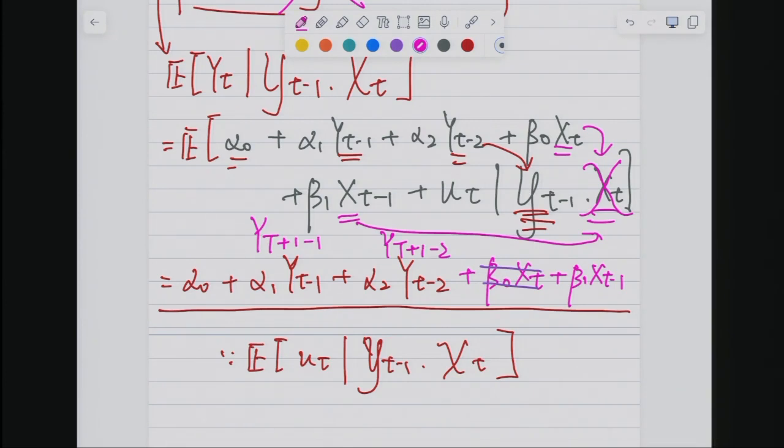Then there's no XT, and for the lag of X, that's X capital T plus 1 minus 1, so it's the last observation of X that matters in the one step ahead forecast.